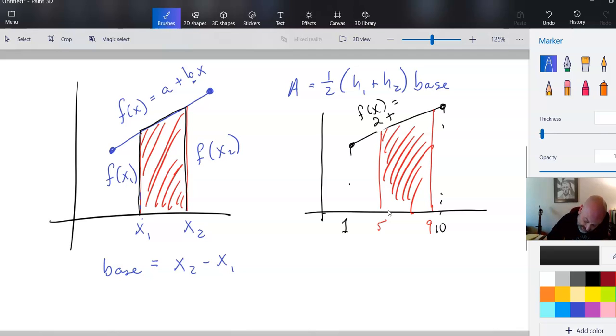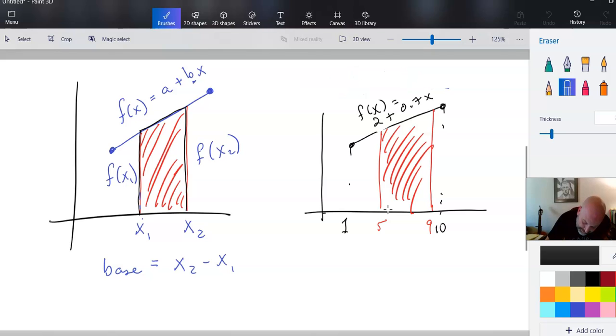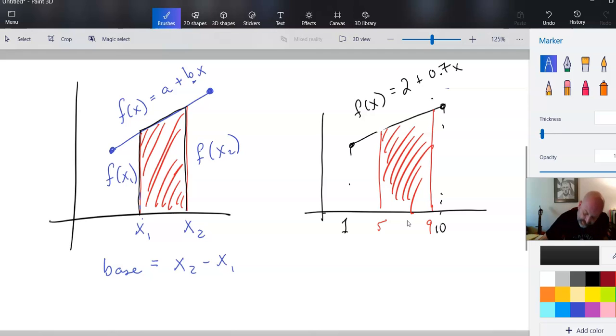Let me write that neater. Two plus 0.7x. Okay, so that's the equation of this line if we extended it.